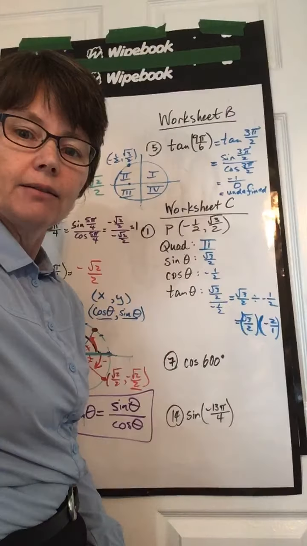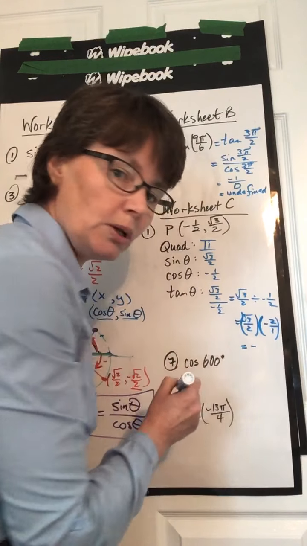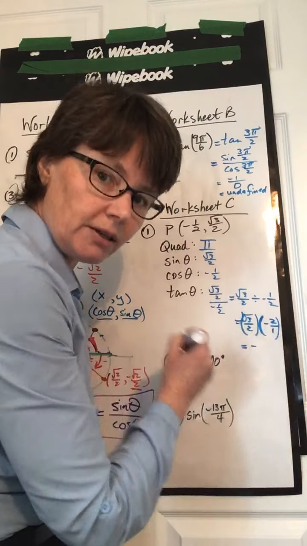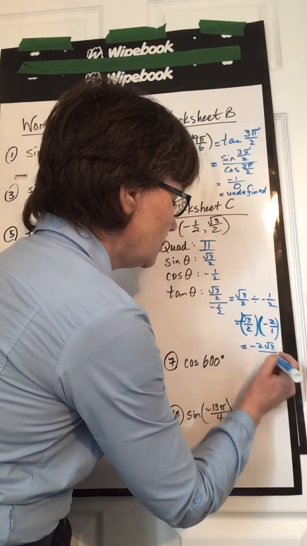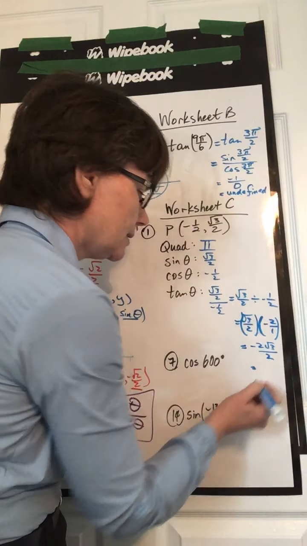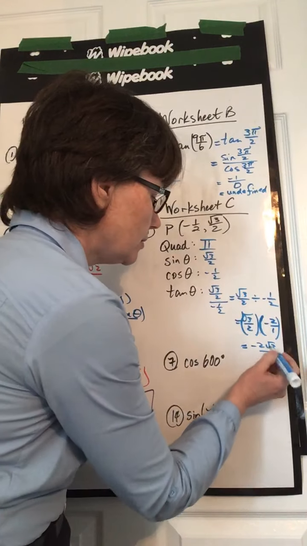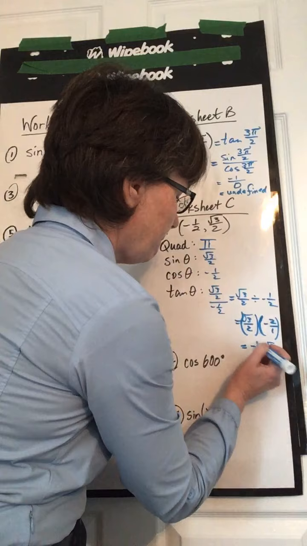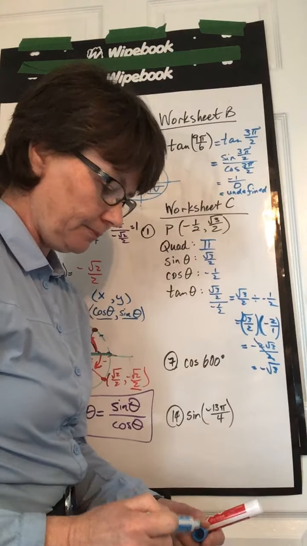Now let's simplify. Multiplying fractions, multiply across the numerators, multiply across the denominators. Negative 2 root 3 over 2. Since everything in the numerator is multiplied together, we are allowed to cancel. And our answer there is negative root 3.